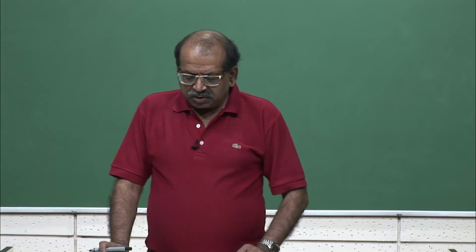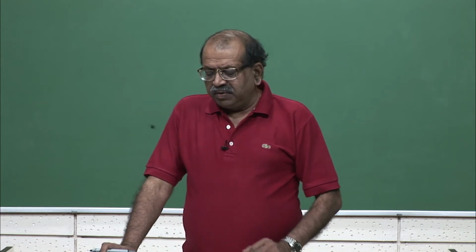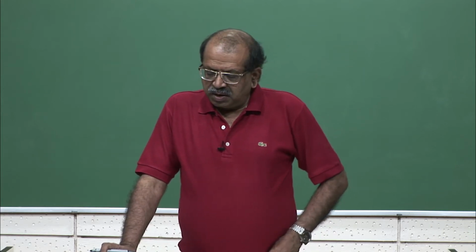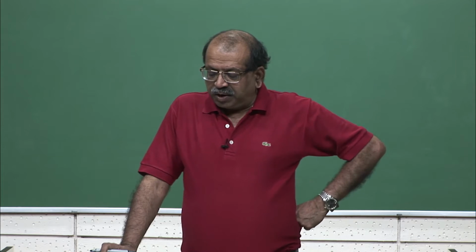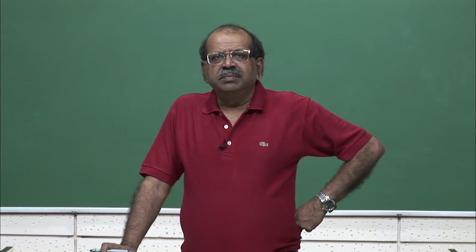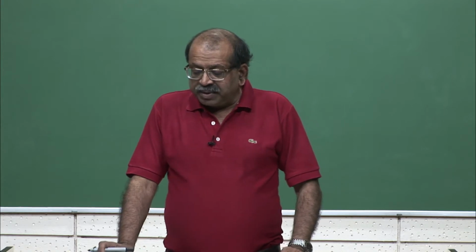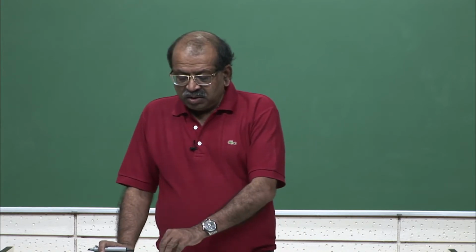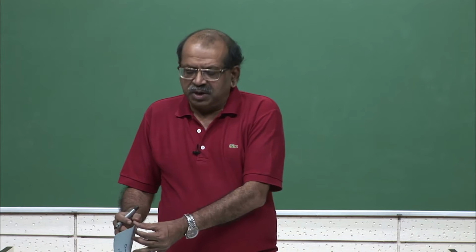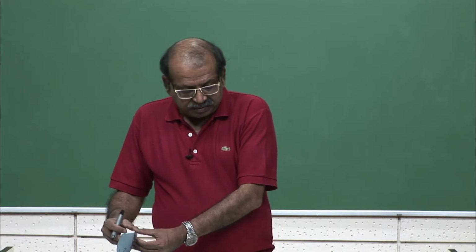Welcome to this class on fluid mechanics, and we will continue our discussion on integral flow analysis, and mainly I will be looking at some of the subtle points in the momentum equation and also some examples of the momentum equation.